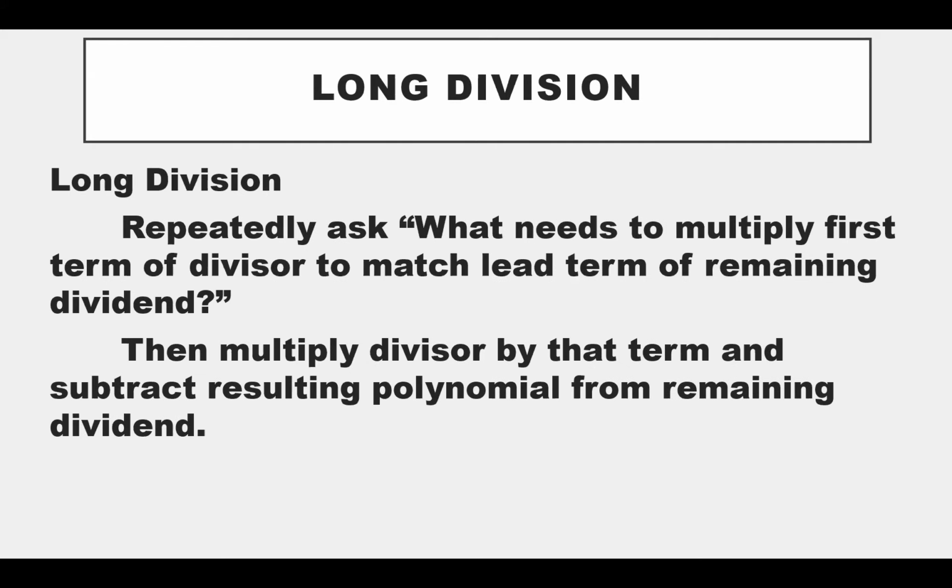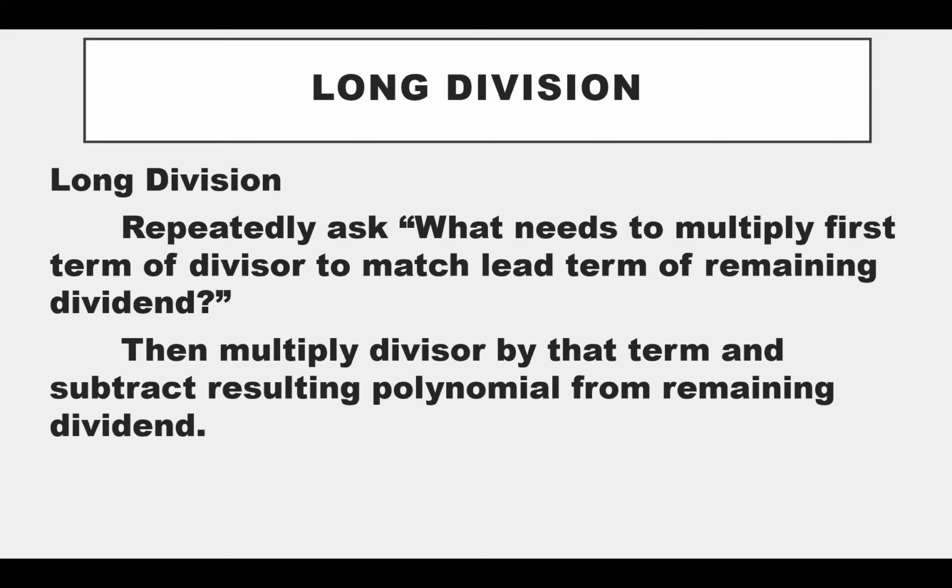Now, the first way you probably learned how to divide polynomials is through long division. We'll go over that right now, and then we'll add another method of division in the later half of this video.